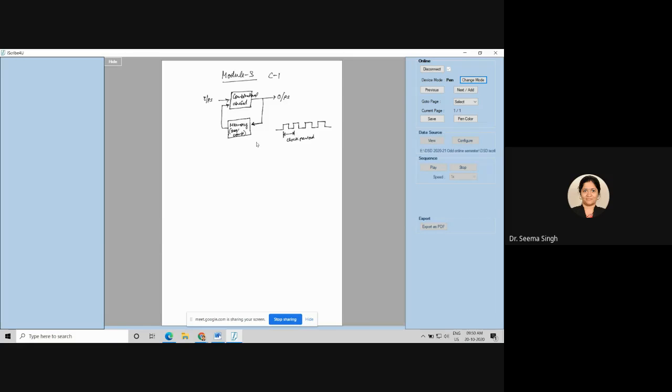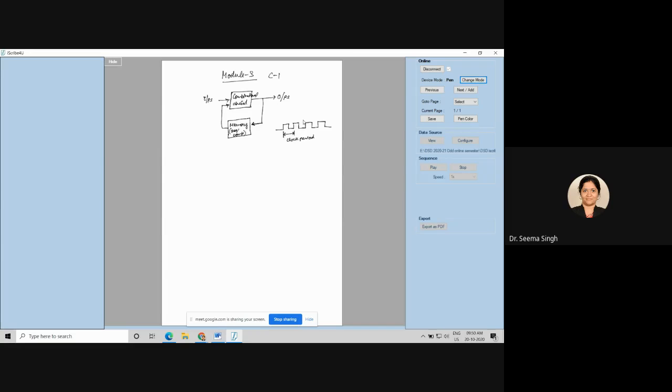Yesterday in the class I was telling you, in the first clock cycle all P's and G's will be calculated. In the second clock cycle your carries will be calculated. In the third clock cycle the carries and your P's and G's together will give you the output. So when I say first clock cycle, second clock cycle, it means this complete clock period.